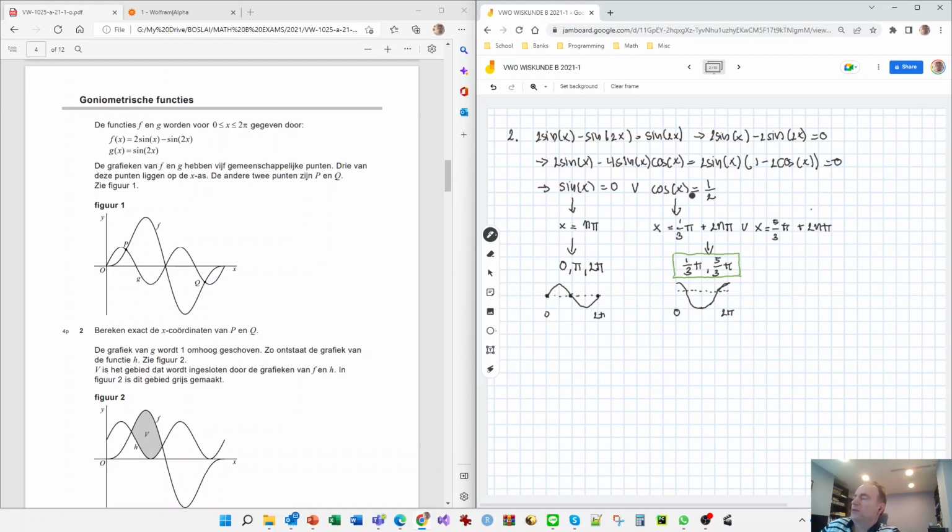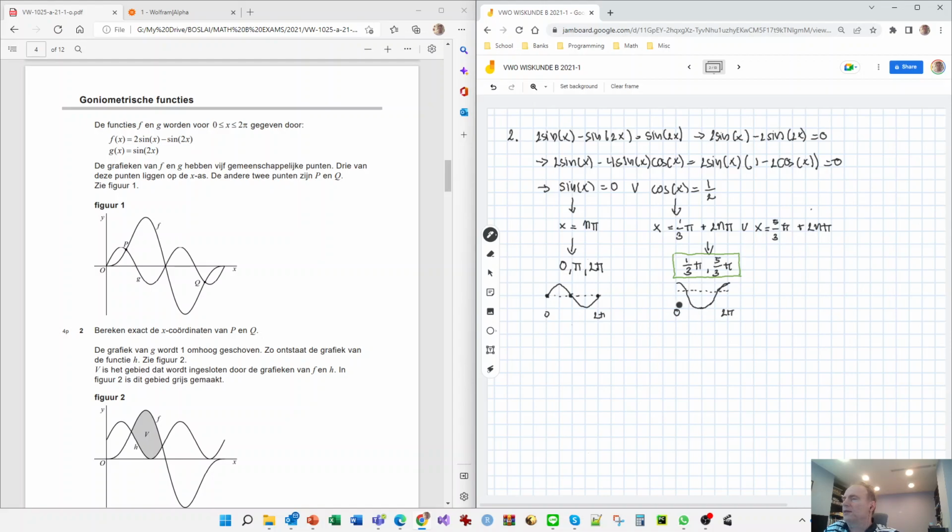Another way, because the cosine x is actually symmetric in the y-axis, you can also write the second one as minus 1/3 pi, which gives the same results if you put it all back in this domain. And here we can just have, in both cases, n equal to 0, otherwise you will be out of this domain.